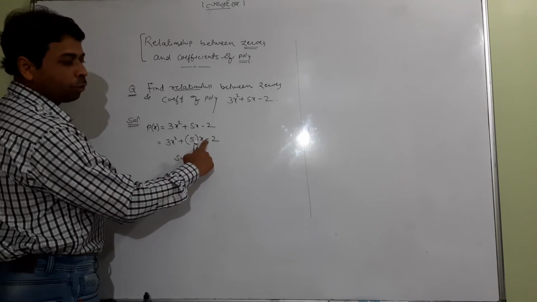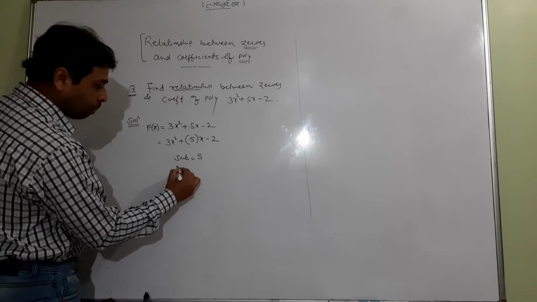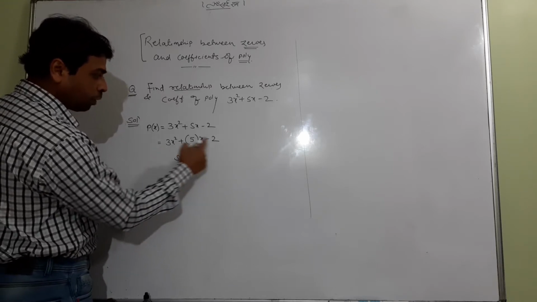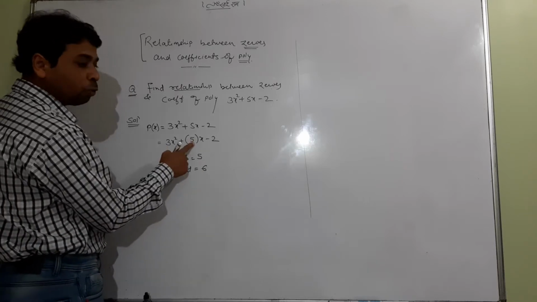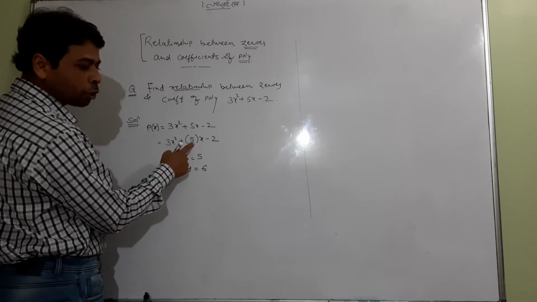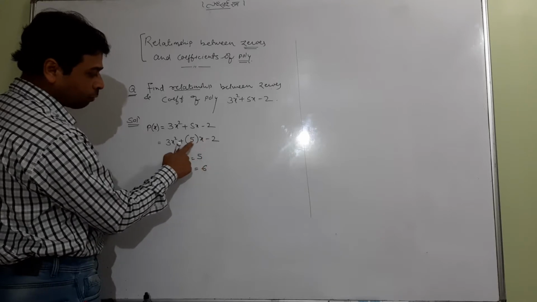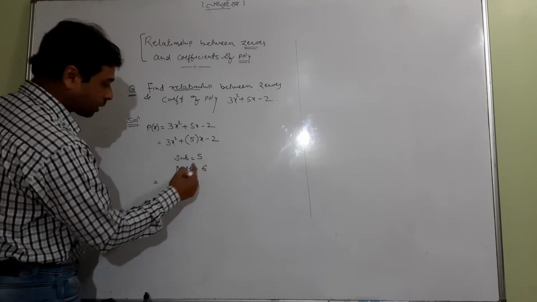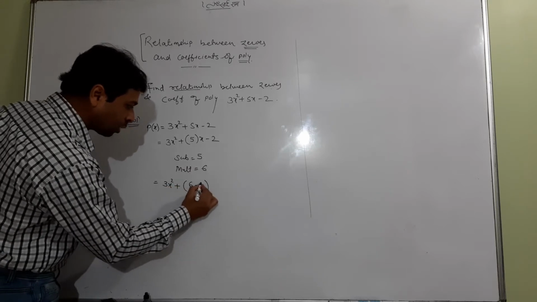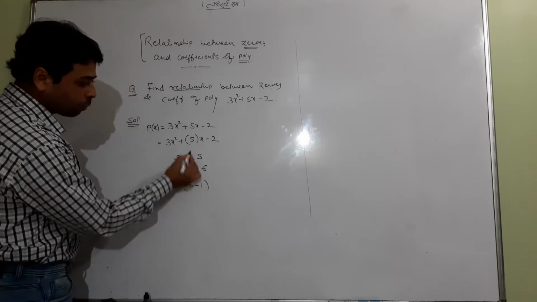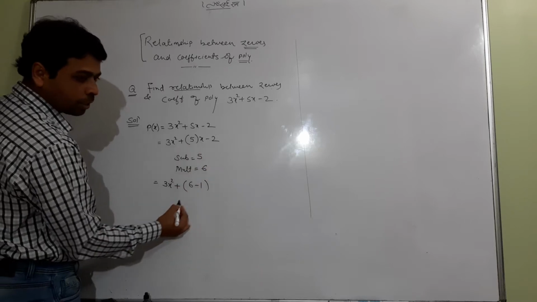Subtraction follows this sign, and multiplication or product should be 3 times 6. So I have to choose two such numbers whose subtraction is 5, whose product is 6. In my mind you can also think that it is coming 6 minus 1. 6 minus 1 is 5, and 6 ones are 6.